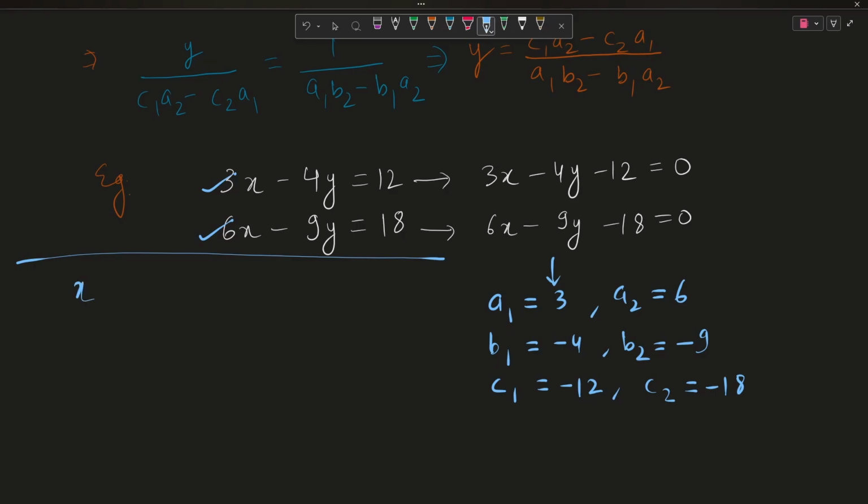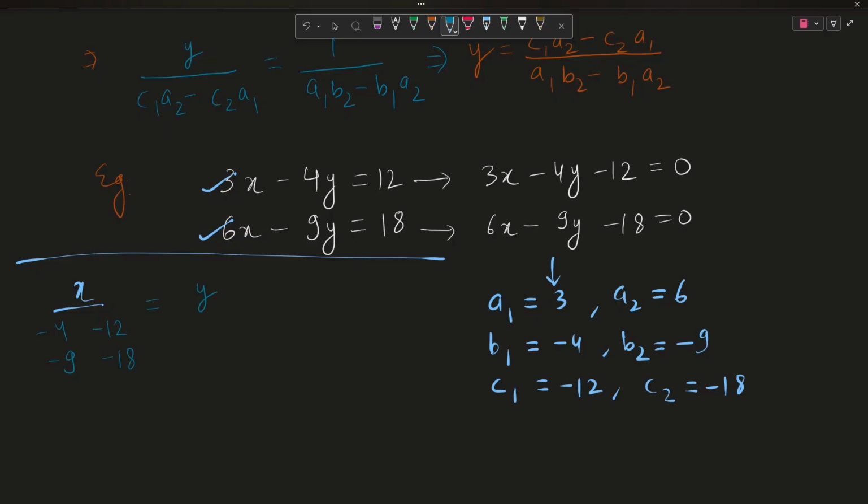For x, we can write x upon the determinant of b1 minus 4 and b2 minus 9, then c1 minus 12 and c2 minus 18.